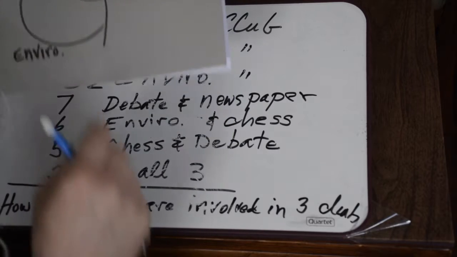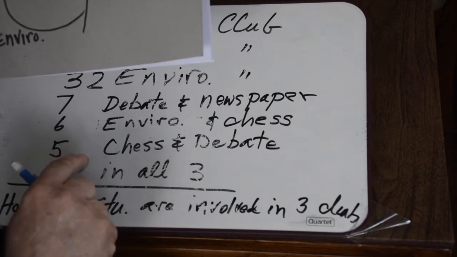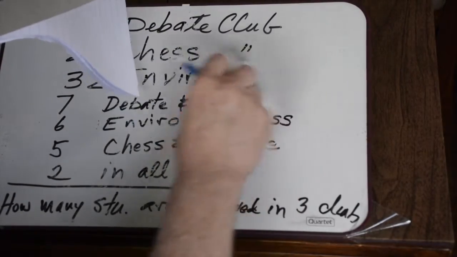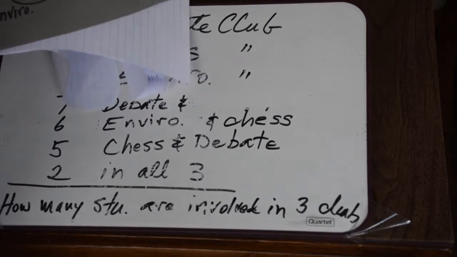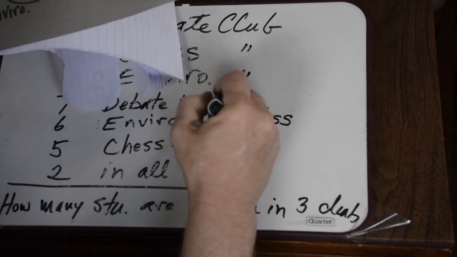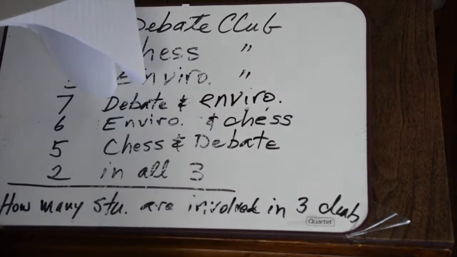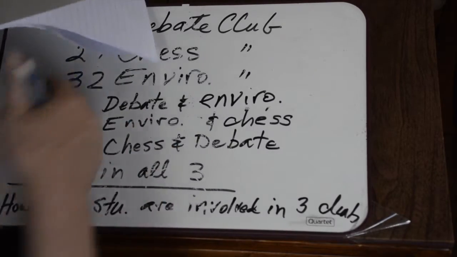What about environmental and debate? I had changed the problem because we used newspapers before. This should be environmental. I got rid of newspapers just to make it an interesting problem. So debate and environmental would be 7 total.